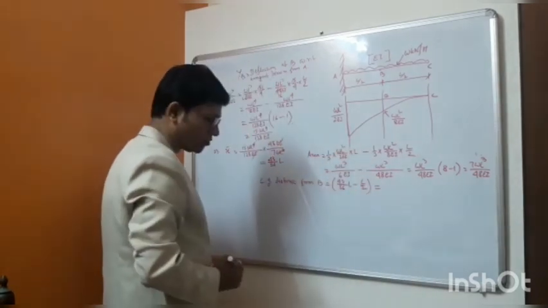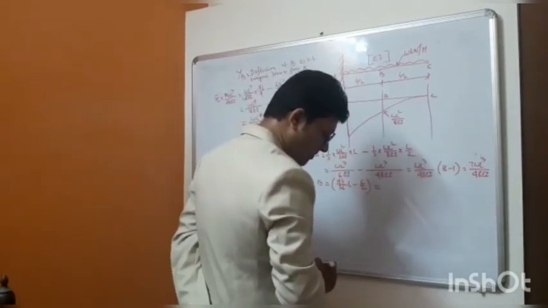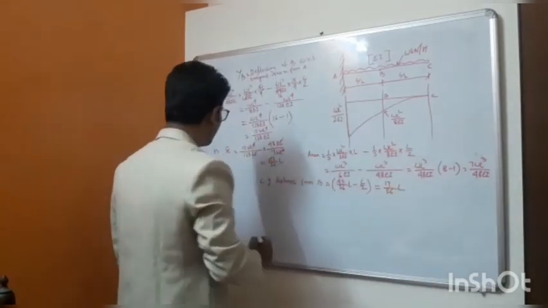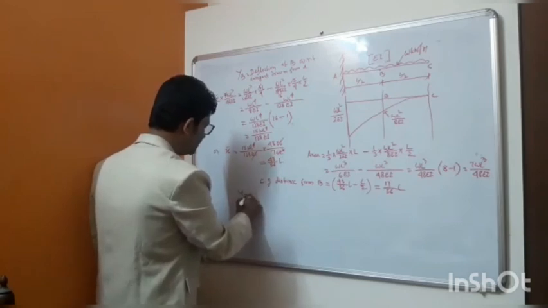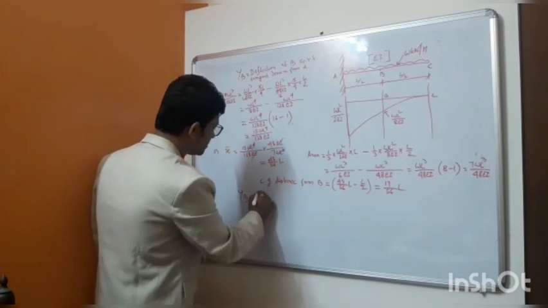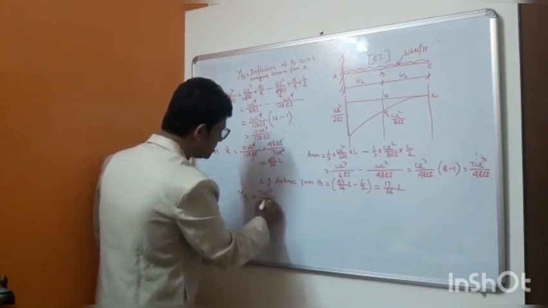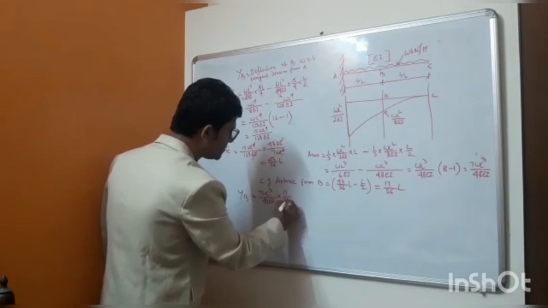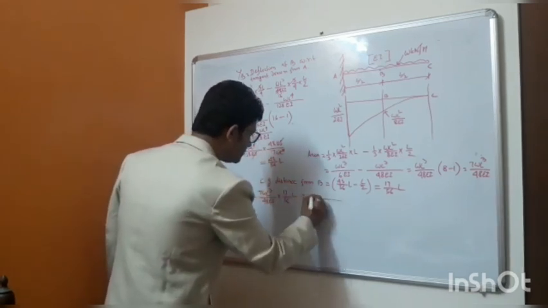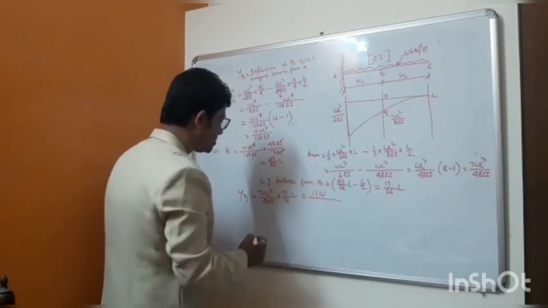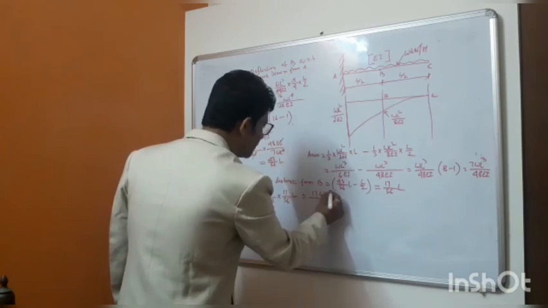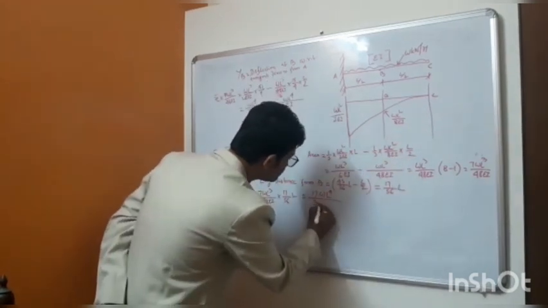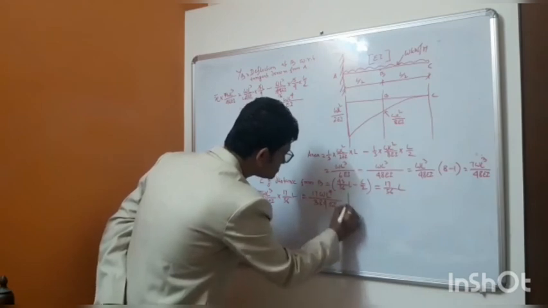This is going to be equal to 17 by 56 L. So the deflection at the point B, YB, will be equal to 7 WL cube by 48 EI into 17 by 56 L. This is equal to 17 WL to the power 4 by 384 EI.